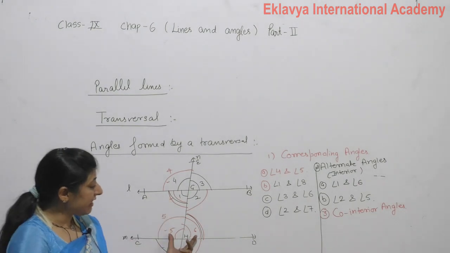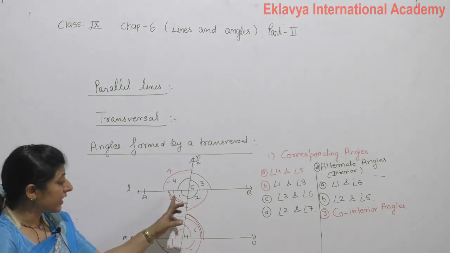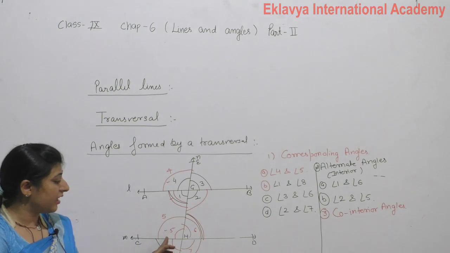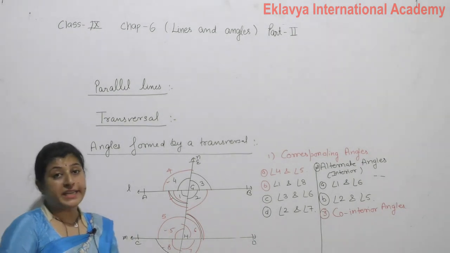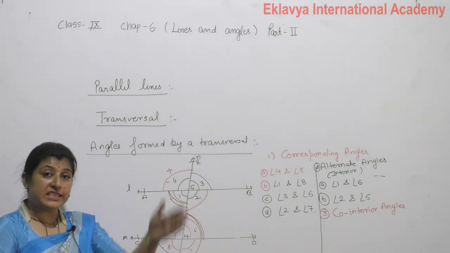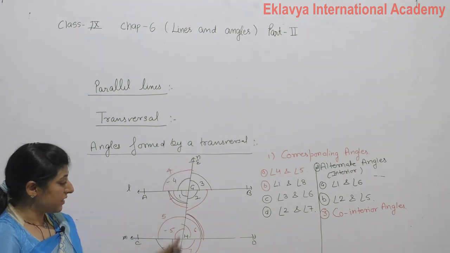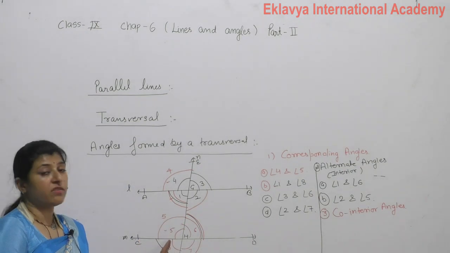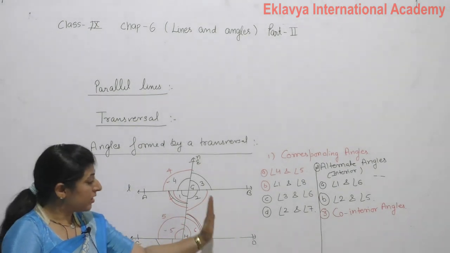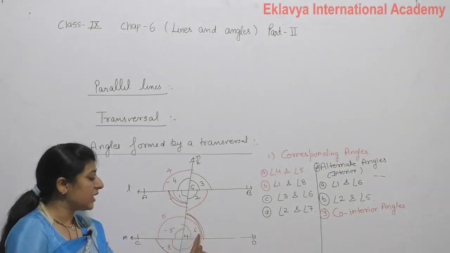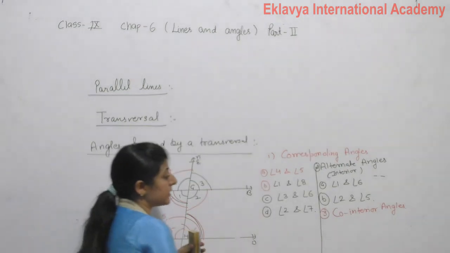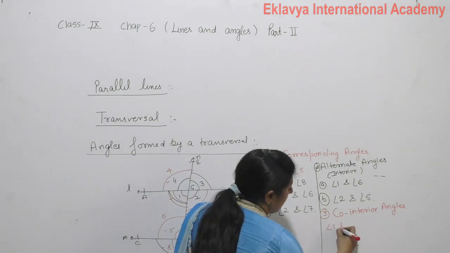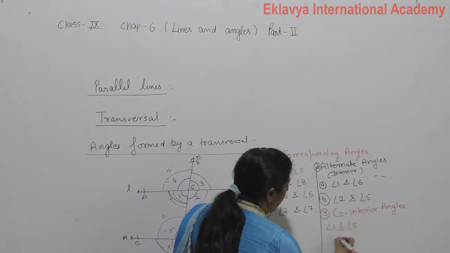We already see here there are 4 interior angles 1, 2, 6 and 5. Co-interior angle means on the same side of the transversal. This one transversal, on this side co-interior angles 1 and 5, on this side co-interior angles 2 and 6. It means the pairs of co-interior angles are 1 and 5, 2 and 6.